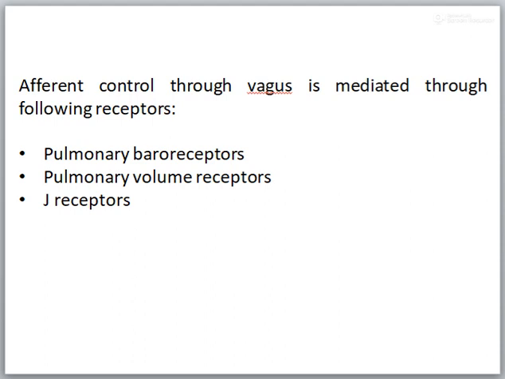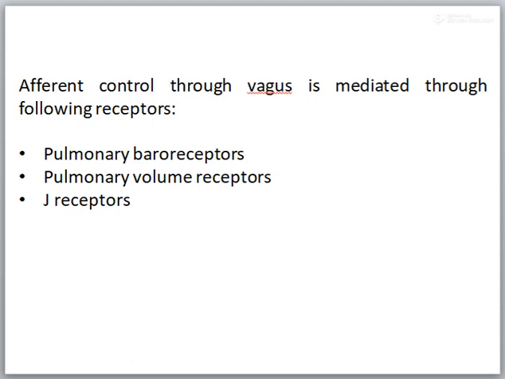Afferent control through vagus is mediated through the pulmonary vasoreceptor, pulmonary volume receptors and J receptor. Efferent sympathetic vasoconstrictor nerve, through it the effect of vasodilatation and vasoconstriction is more on the capacity rather than the resistance of the pulmonary vessel.